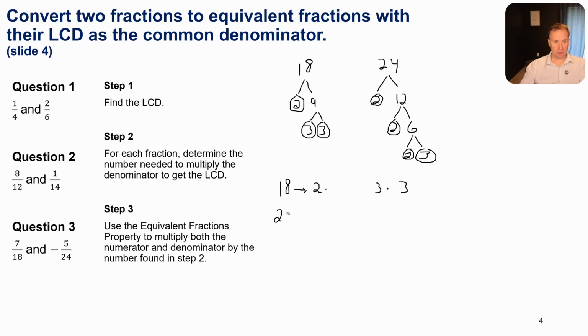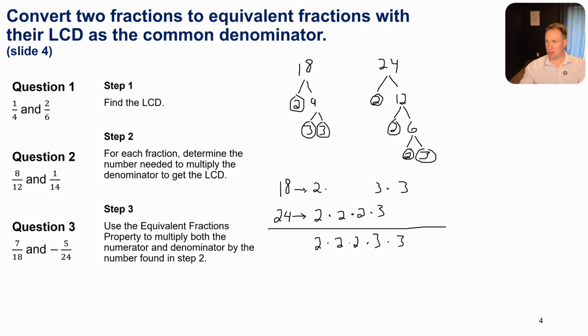So 24 then, we have 2 times 2 times 2. Okay, so I gave some space now. And then I have another 3 left over. Okay, so now when I match up my columns, I can match up the 2 and the 2 times another 2 times another 2 times a 3, a 3 times another 3.